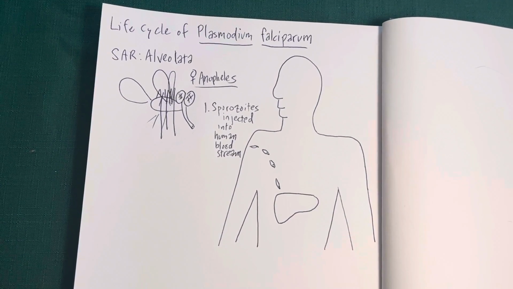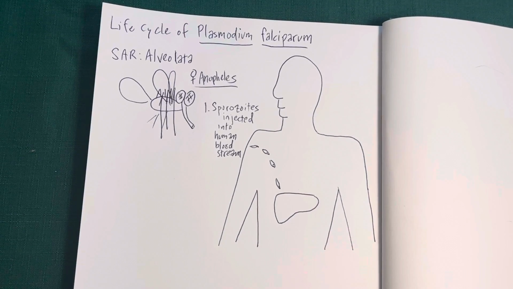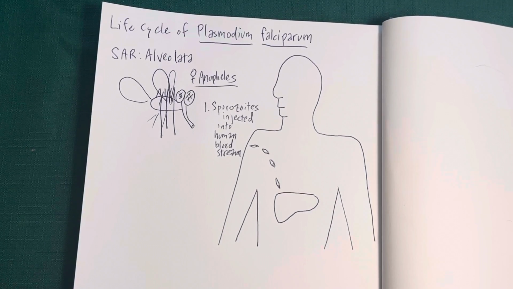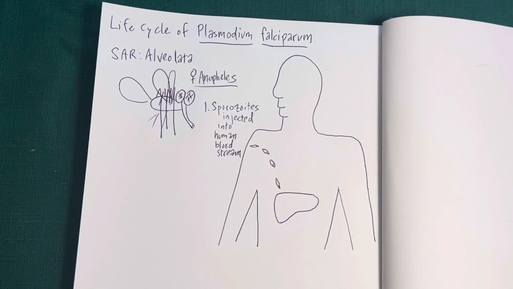And you might say, well, why is she injecting? Isn't she drinking the blood in order to take a meal? And the answer is yes, she is doing that. But mosquitoes often, it is in their best interest not to be detected when they are biting. They do not want you to feel their feeding, because if you feel a mosquito biting you, what are you gonna do? You're gonna swat that mosquito and you're gonna kill her. And that's not really following the correct rules of engagement for evolutionary best practices.